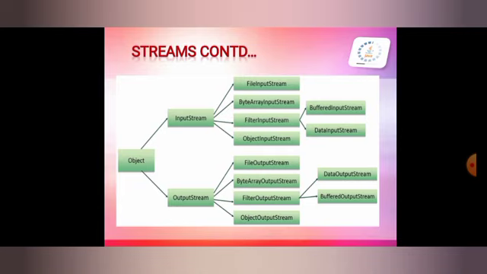Here the data is stored in a buffer, so we can easily access and write the data to the respective destination. Object streams mainly support graphs of Java objects.